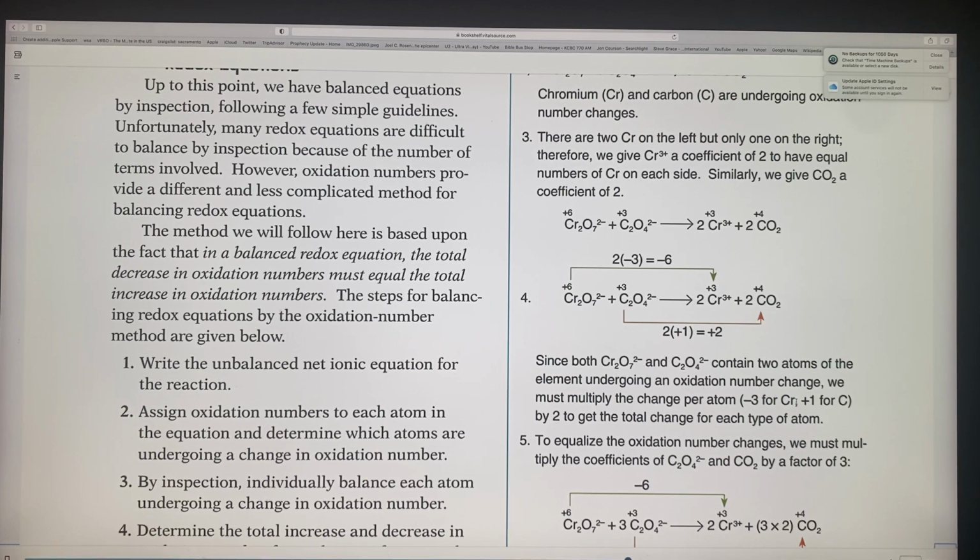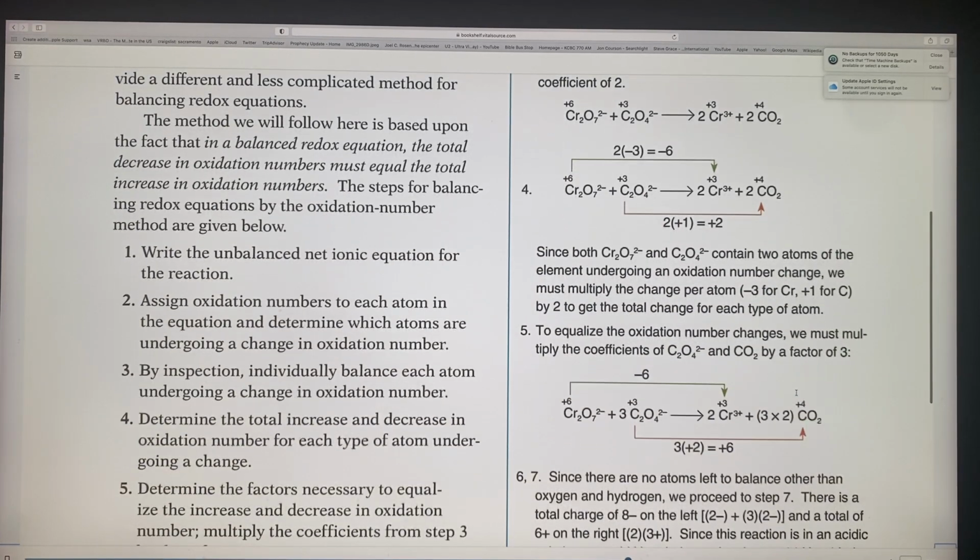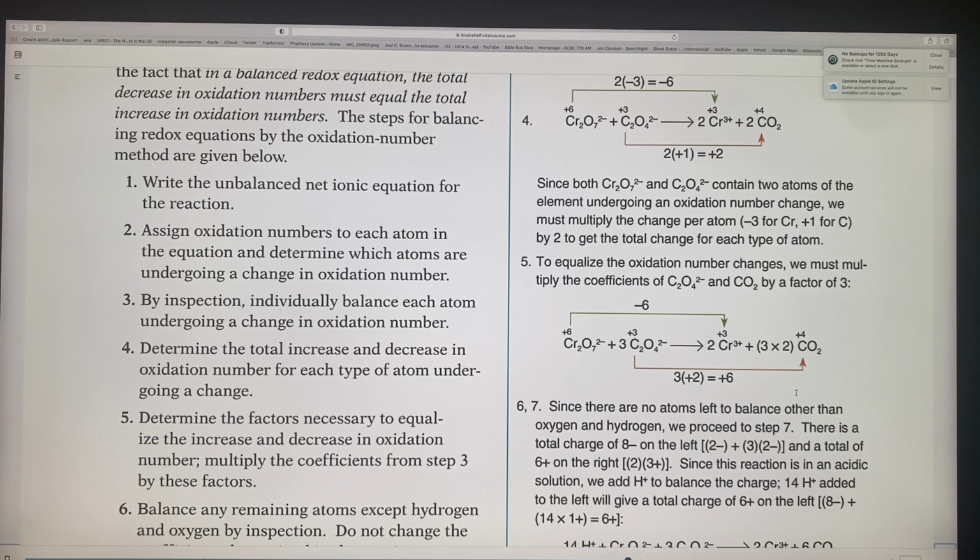So now to equalize the oxidation number, we must multiply the coefficients by a factor of 3. So this is 2 times -3, which is -6, and then we have here 3 times 2, which is +6, so they're equal.